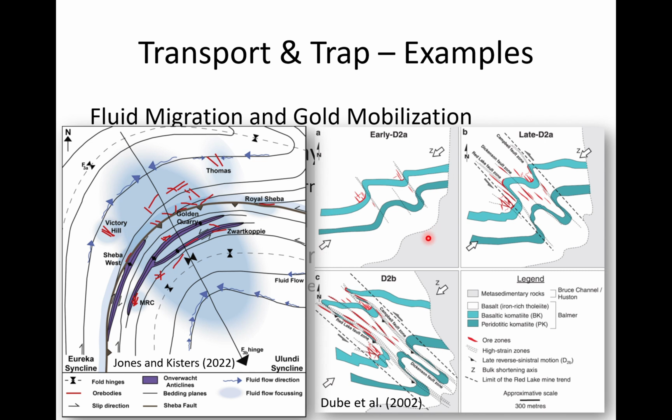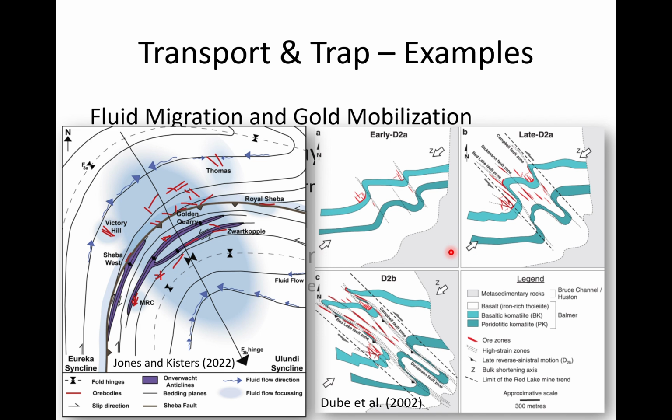Here folding begins northeast to southwest. Shortening produces upright F2A folds in metavolcanic units, and veins initiate. We have axial planar fissure veins and oblique discordant quartz veins formed during this early folding.